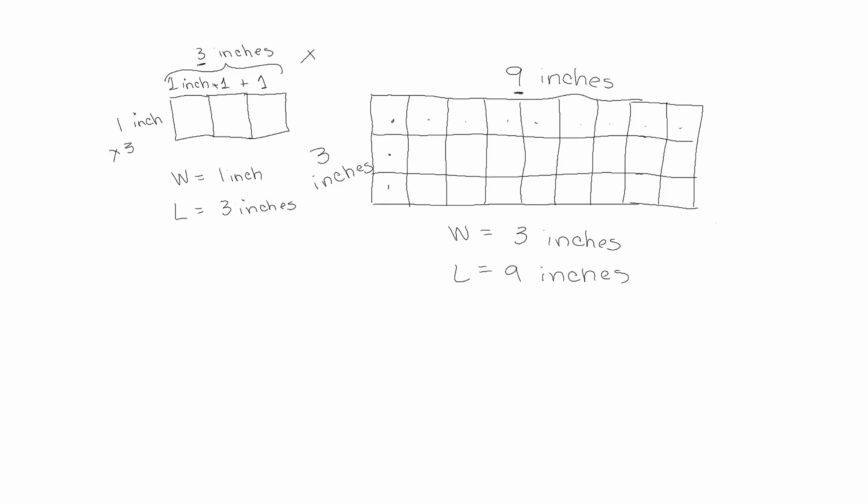Let's try another problem. Let's say we start with a rectangle and we know that the width of the rectangle is 2 meters. And we want the length to be 3 times the width. So if we have 2 meters and we want it 3 times, 2 times 3 is 6.